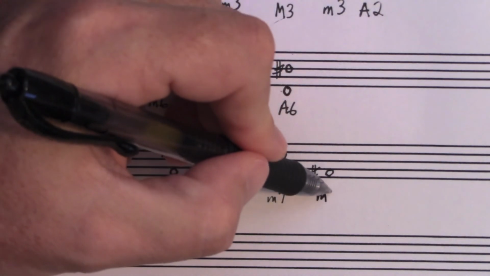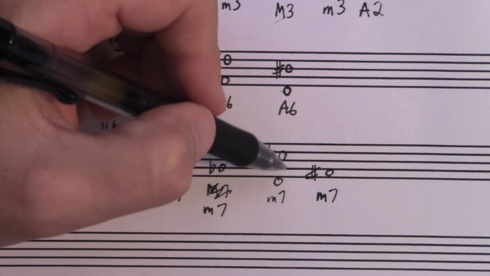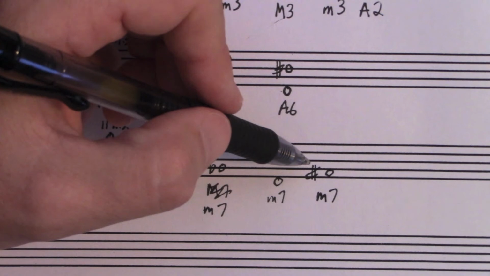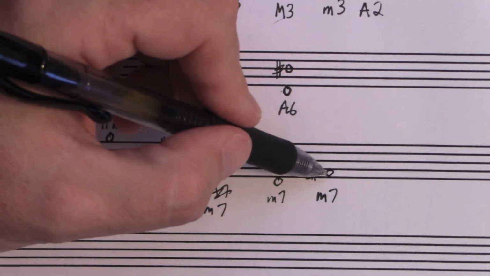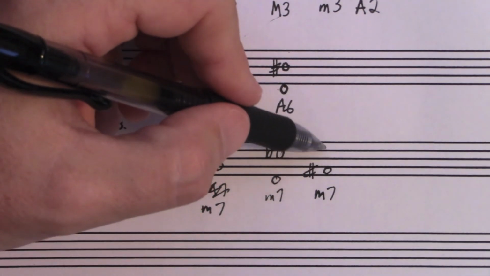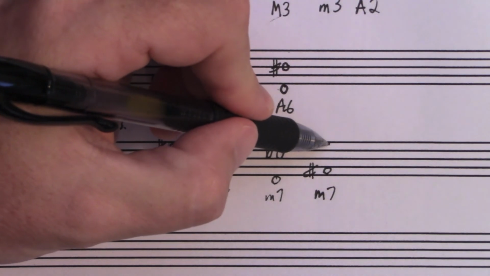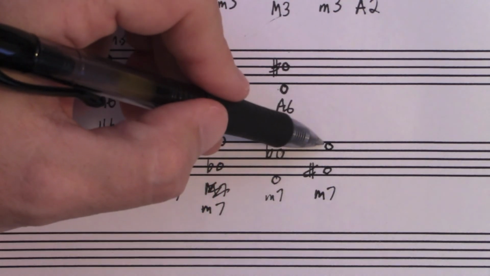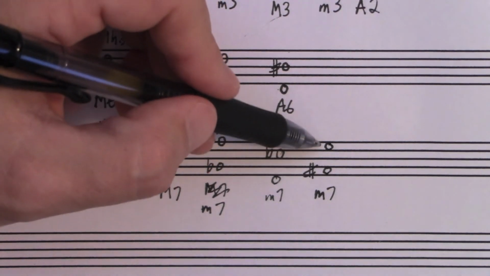Let's do a minor seventh above A sharp, just to be mean. Well, our letter, yes, is going to be G. Now, how many half steps from A sharp to G?